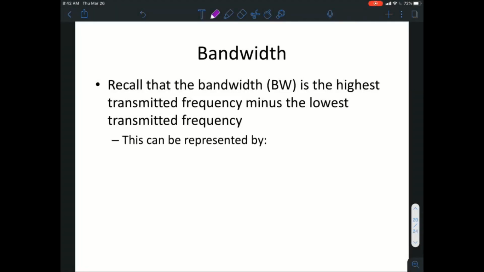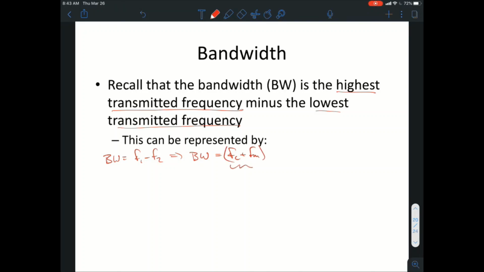So when we previously talked about bandwidth, we talked about bandwidth being the difference between the highest transmitted frequency and the lowest transmitted frequency. And that concept is going to stay the same, but our equation is going to change slightly. Instead of bandwidth equaling f1 minus f2, in this case, bandwidth becomes f sub c plus f sub m.